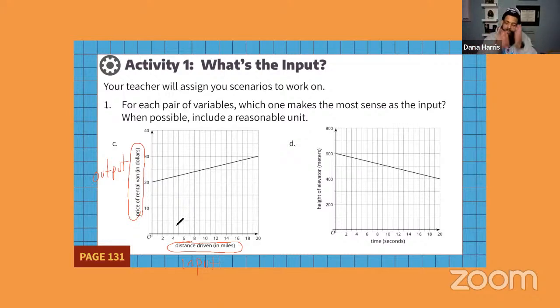But in this case, because they talk about the miles driven, it does make sense for the miles driven to be the proper input. Sometimes they'll tell you a price per day and you have a maximum amount of miles that you can drive. But in this case, the way this graph is drawn, the input of distance driven in miles, the number of miles you drive, does determine the price. All right.